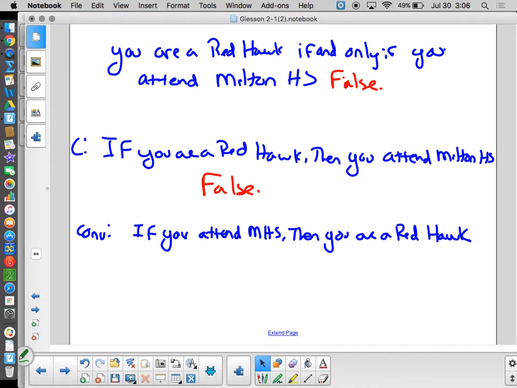Well, that statement's true. Well, I'll assume that we're talking about schools in Wisconsin here for Milton High School. I'll assume that we're talking about our Milton High School, not some other Milton High School somewhere. So given that assumption, yes, that is a true statement. So even though the converse is true, the statement itself originally was false, making the biconditional false.